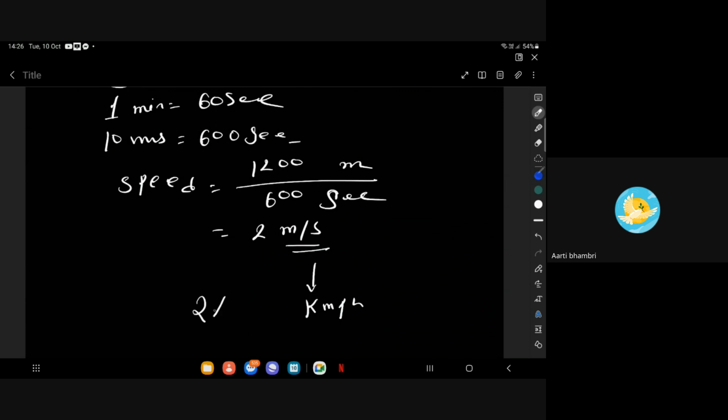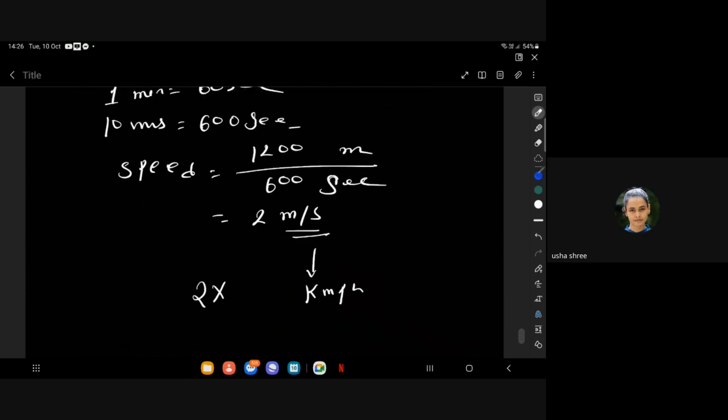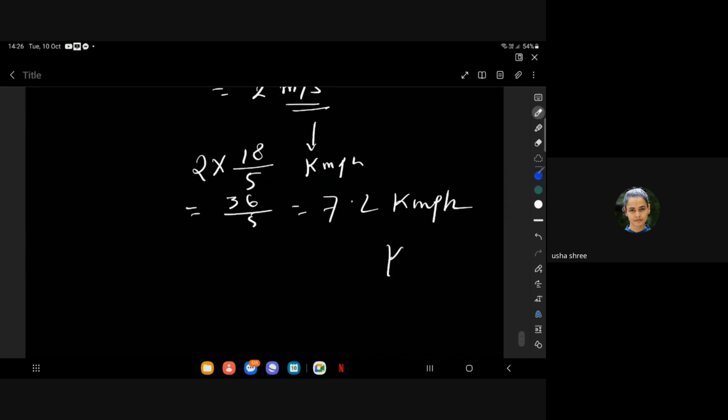So you have to multiply 18 by 5 with 2. So this will be your answer: 36 by 5, which is 7.2 kilometer per hour. kmph and km/h are the same.